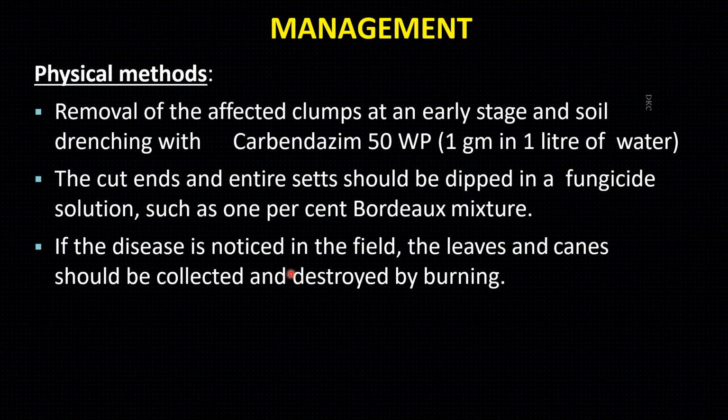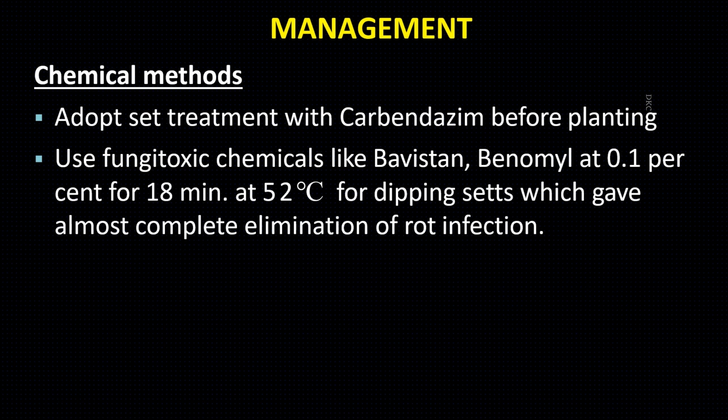If the disease is noticed in the field, the leaves and canes should be collected and destroyed by burning. Talking about the chemical methods, set treatment with carbendazim before planting should be done. Fungitoxic chemicals like Bavistin, Benomyl at 0.1% for 18 minutes and at 52 degrees Celsius for dipping sets should be done, which gives almost complete elimination of rot infection.